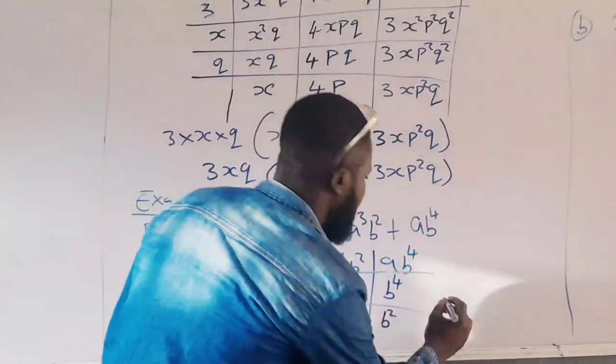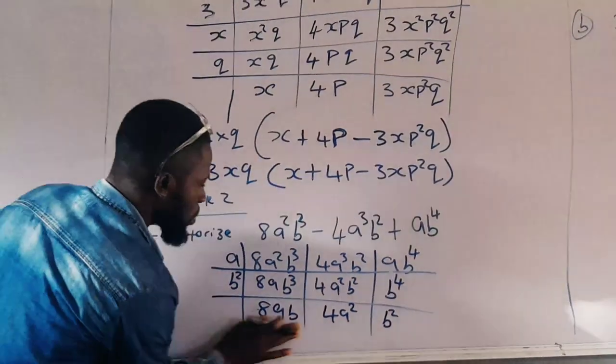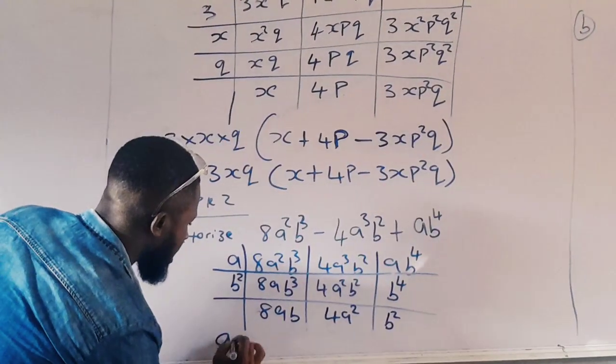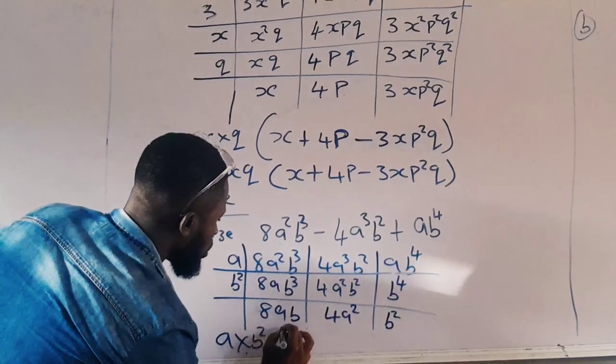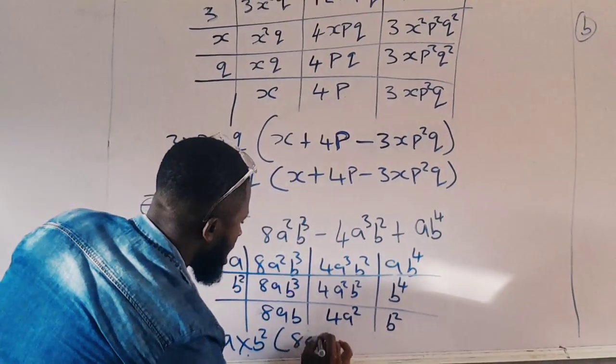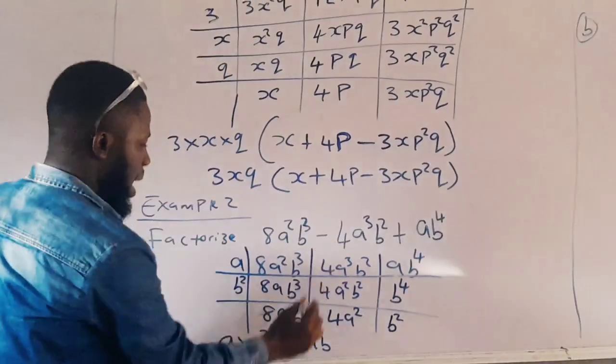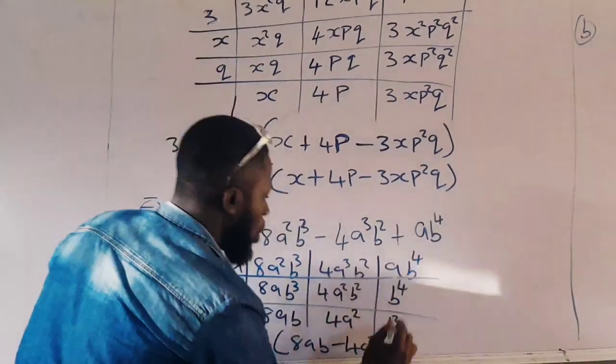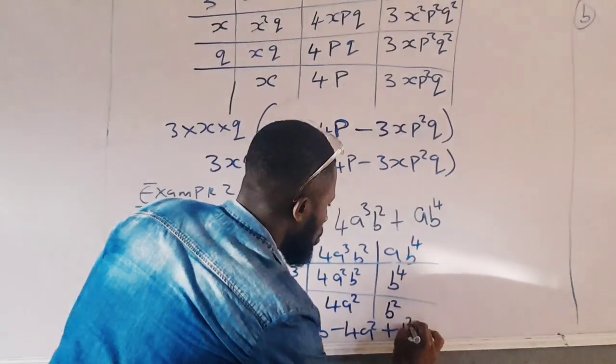So my final answer would be a times b squared into bracket 8ab. What do I have? Minus, that's minus 4a squared. Then we have plus, that's plus b squared.